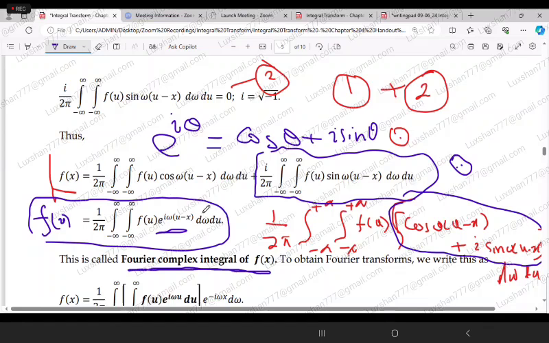Here there are no coefficients. We have put all the coefficients in the expression, and we have got the final formula.